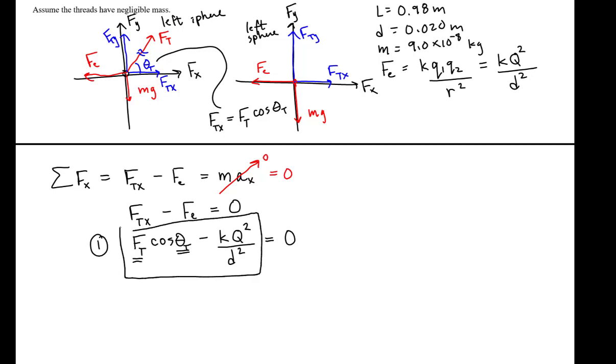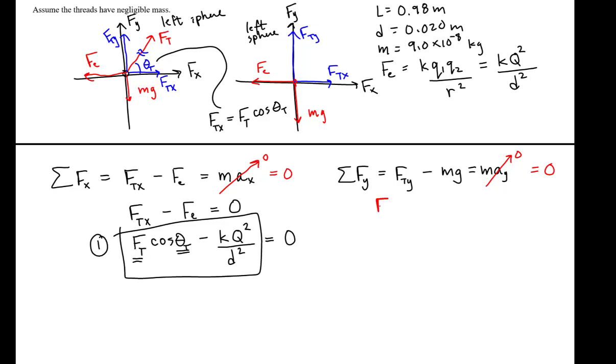I will then turn to the y component to see what information that gives us. So looking at our free body diagram, I see that our Newton's second law in the y direction is the y component of tension minus the weight of that sphere is equal to mass times the acceleration in the y direction. But again, our sphere is in equilibrium, so it is not accelerating.